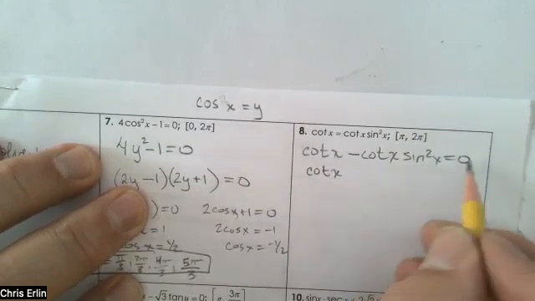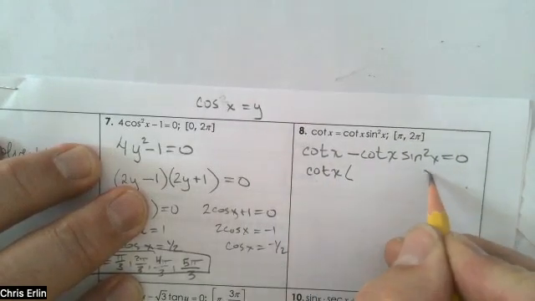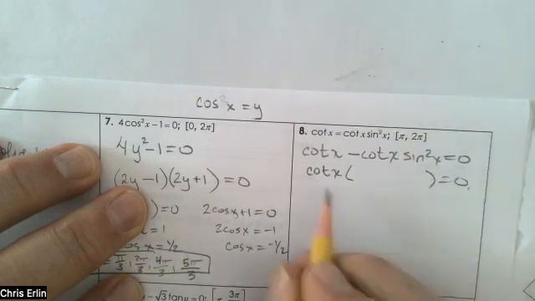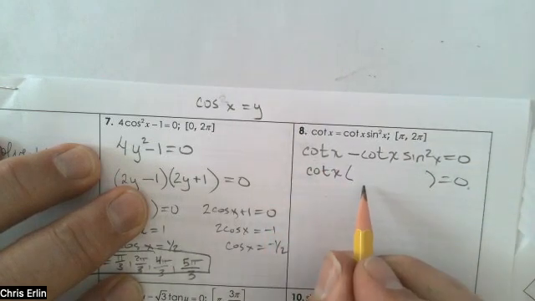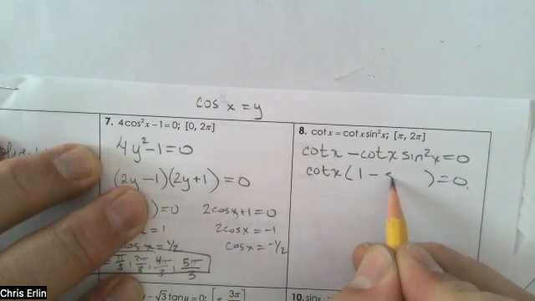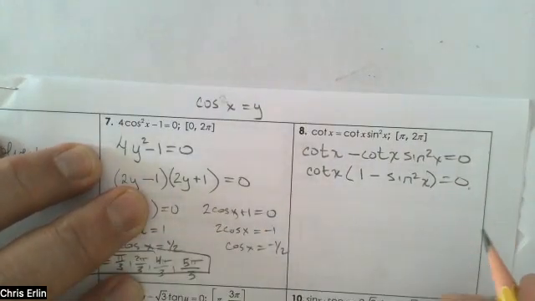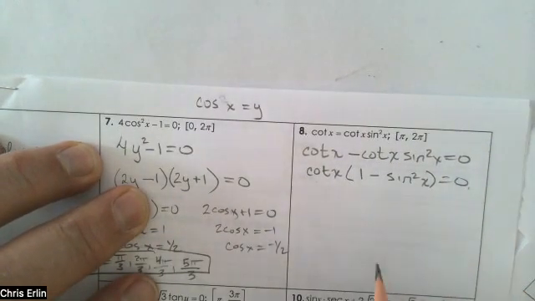Having moved everything over to one side, so it's set equal to 0, I see that cotangent can be factored out of both. What do I get? Sine squared x minus 1. Almost. 1 minus sine squared of x, right? Oh, did you move it to the other side? Yeah, okay, that works.